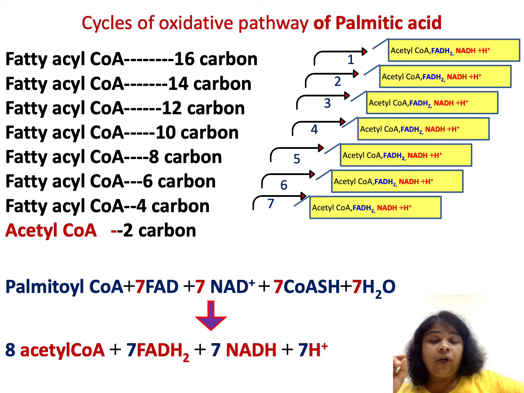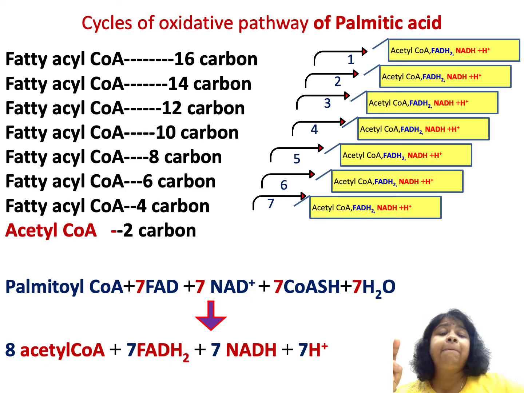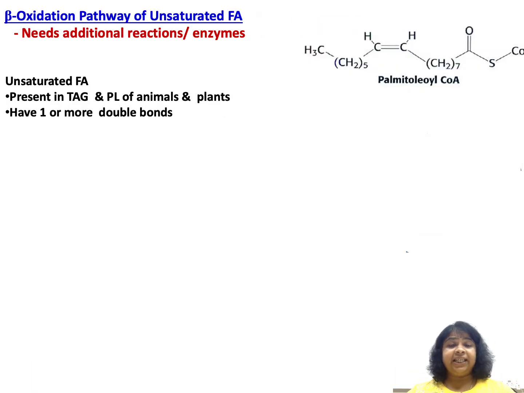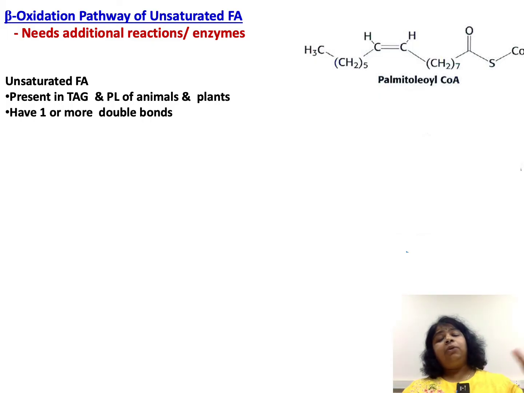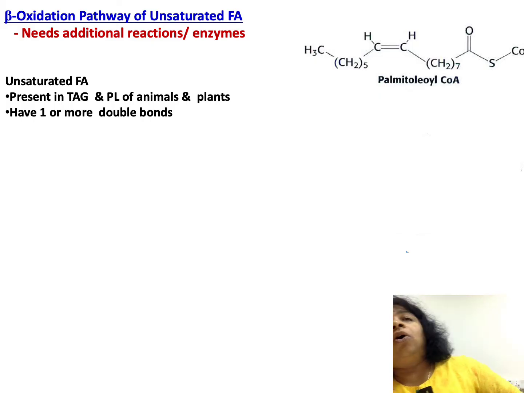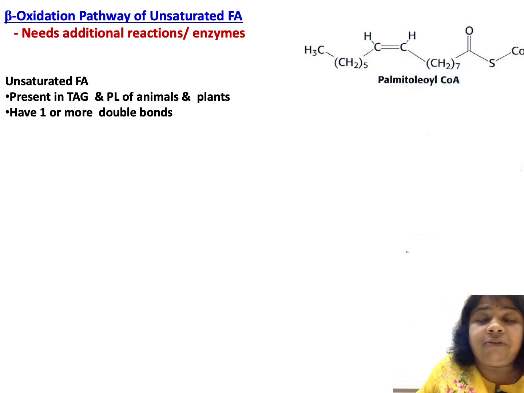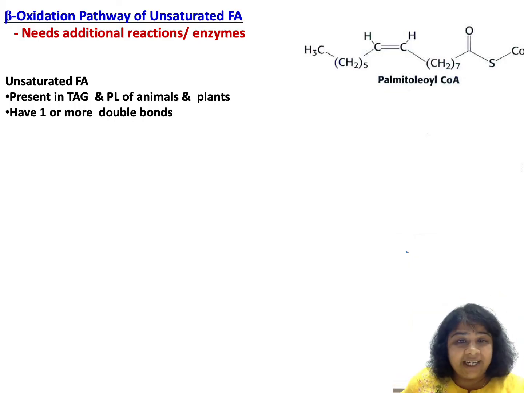So palmitoyl CoA plus 7 FAD plus 7 NAD, 7 coenzyme A plus 7 water molecules are required to form 8 acetyl CoA, 7 FADH2, 7 NADH and 7 hydrogen atoms are released. Okay. So that was about beta oxidation of saturated fatty acids.